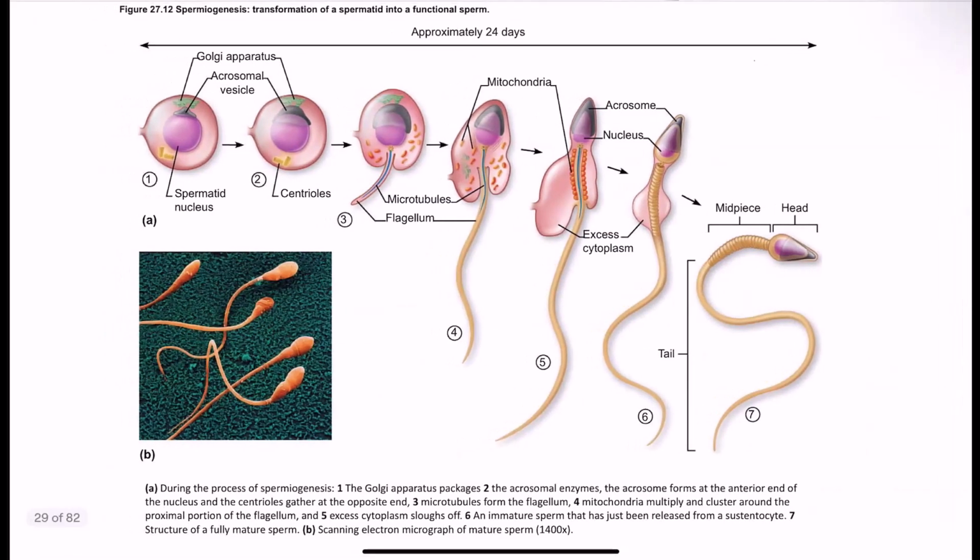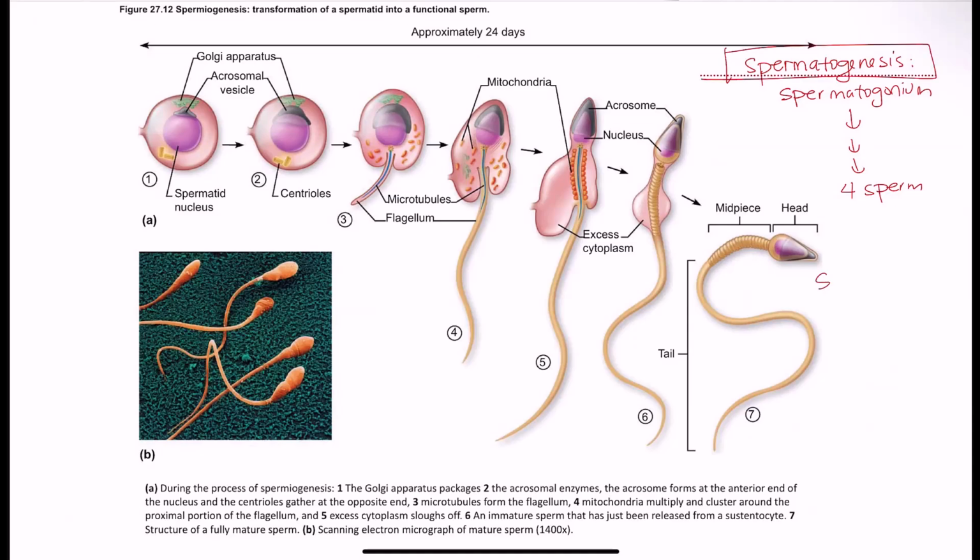So spermatogenesis is taking spermatogonium, the stem cell, through a series of steps to sperm. That's spermatogenesis. Spermiogenesis is taking that spermatid to a sperm.